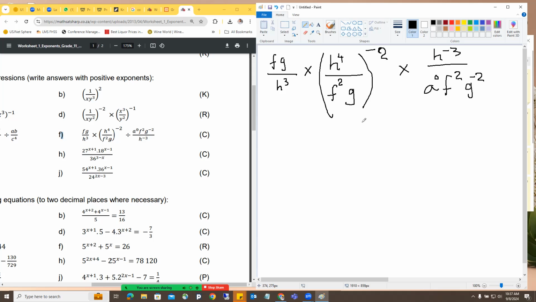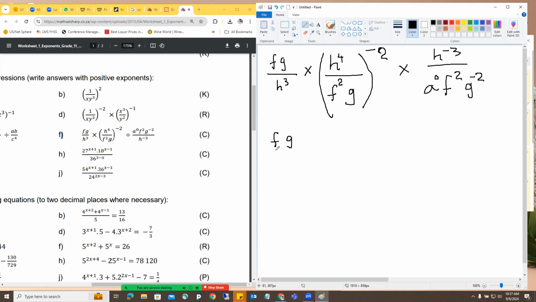So then what we have to do here is, okay, now then what I do, I'll just remove this bracket.